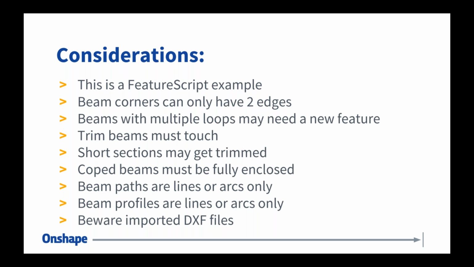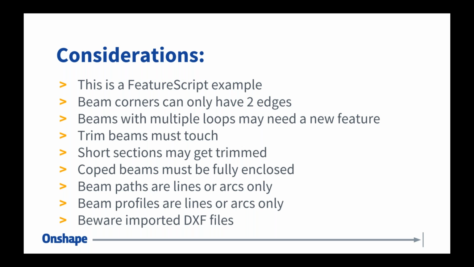So by default, it works on a percentage of the overall volume of all the parts or something like that. So if you're doing trimming and some of the parts are disappearing and they shouldn't be, the likelihood is that it's the short section that might be getting trimmed. So you've got an option: you can either extend it, or there is a constant actually in the feature. You could edit the feature and change the constant to make it a little bit more forgiving.